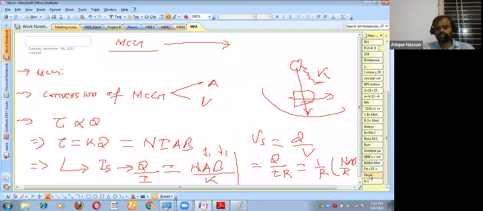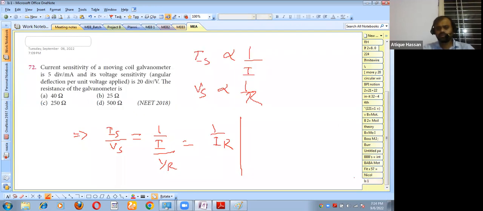Sorry, voltage sensitivity is theta upon V, that is 1 by IR, right? So voltage sensitivity is inversely proportional to IR.